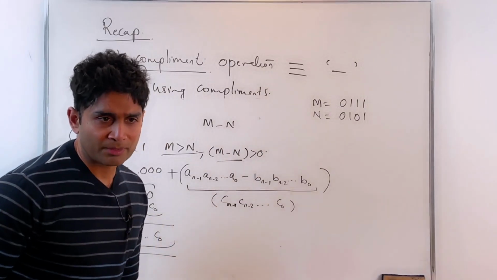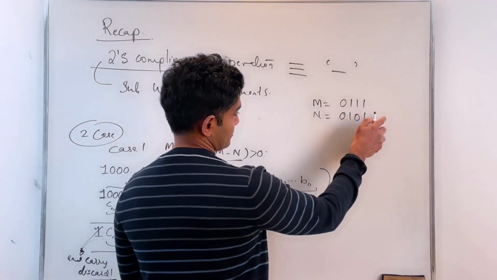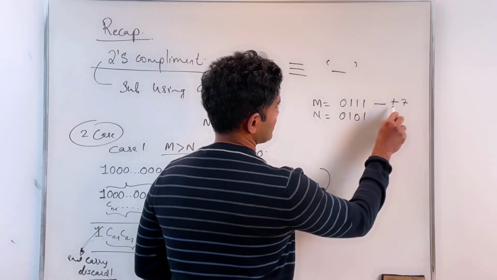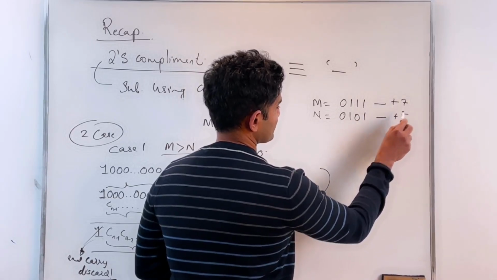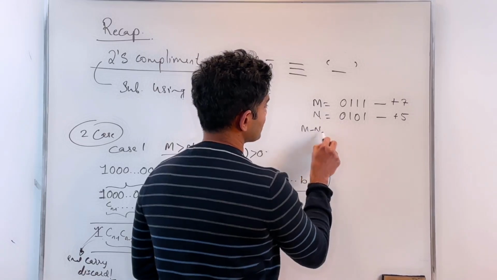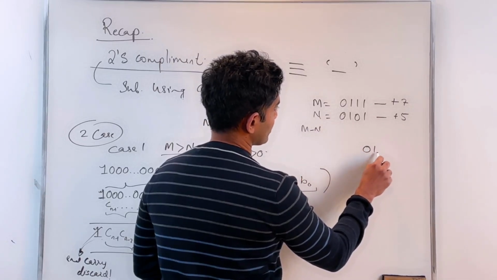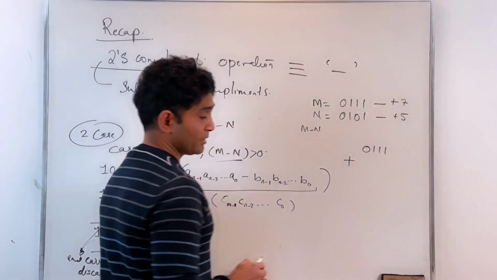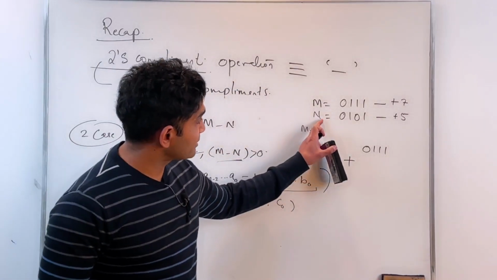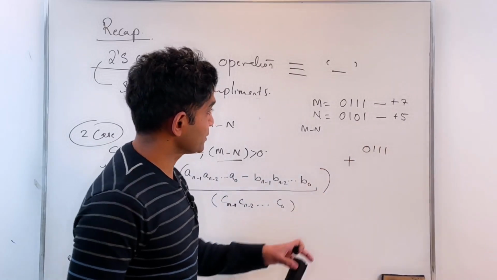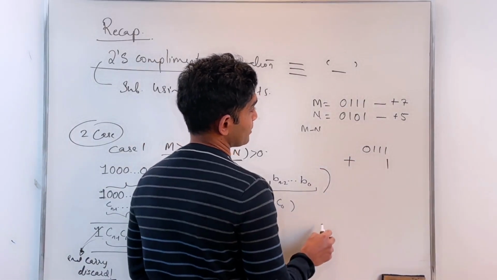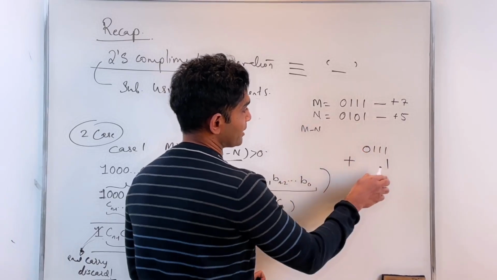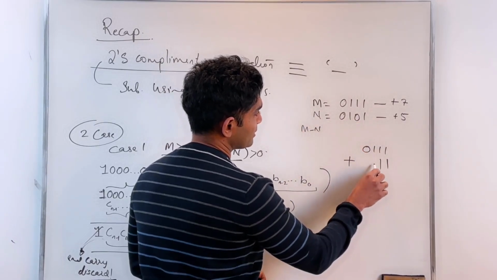Now M is larger than N. In other words, that's plus 7. That's plus 5. I want to find M minus N. So you take M, which is 0, 1, 1, 1. You add to that the 2's complement of N, which is, again, going from right, that's the 1, doesn't get changed. Everything else changes, complements. That's 1, 0, 1.